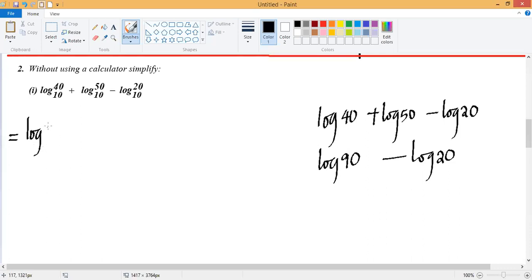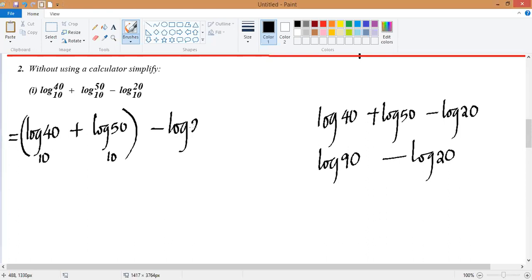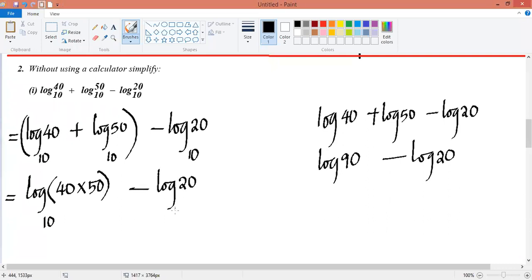Log 40 base 10 plus the log of 50 base 10, bracket that off and keep the minus. In addition, the law suggests that when adding logs to the same base, you can write one single logarithm and multiply those numbers, minus the log of 20 to the base 10.